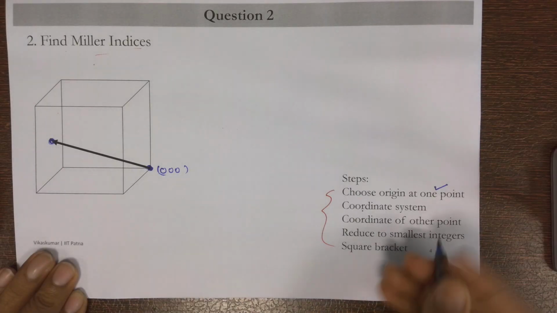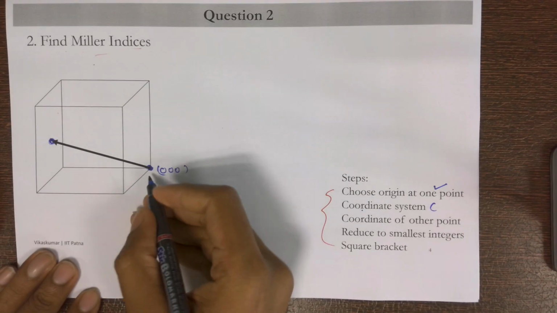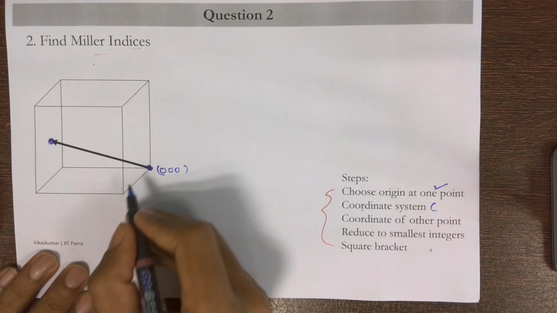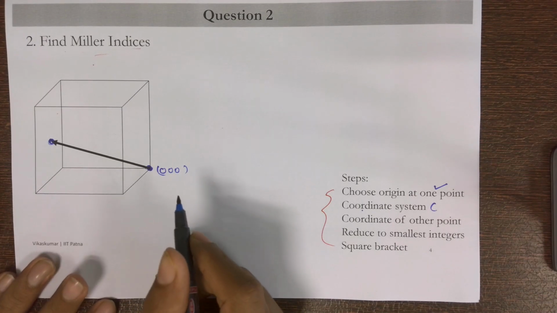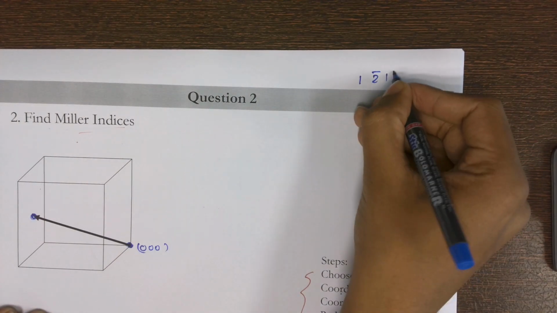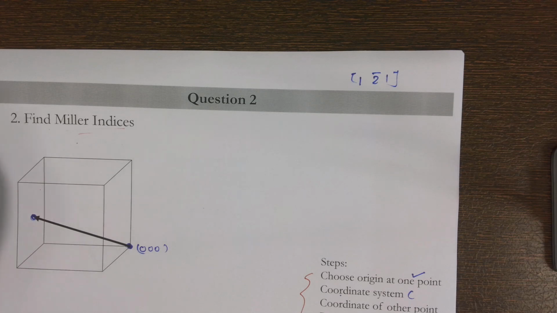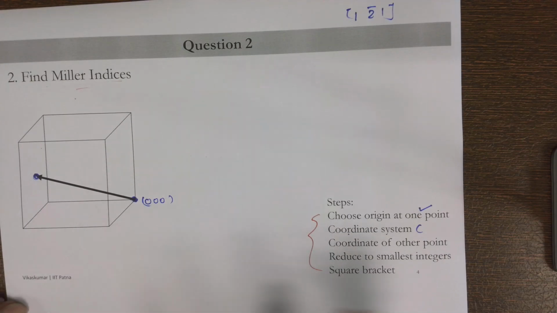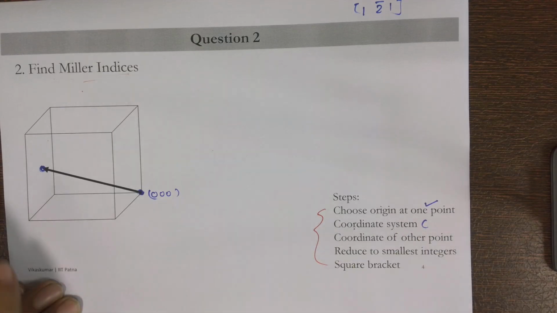Coordinate system means that we have to choose where the a direction, b direction, and c direction will be. Okay, someone has already answered. Yeah, so 1, minus 2, and 1. So Githu's answer is 1, 2 bar, 1. Great. Okay, let's see. From here we now have to define the coordinate system.